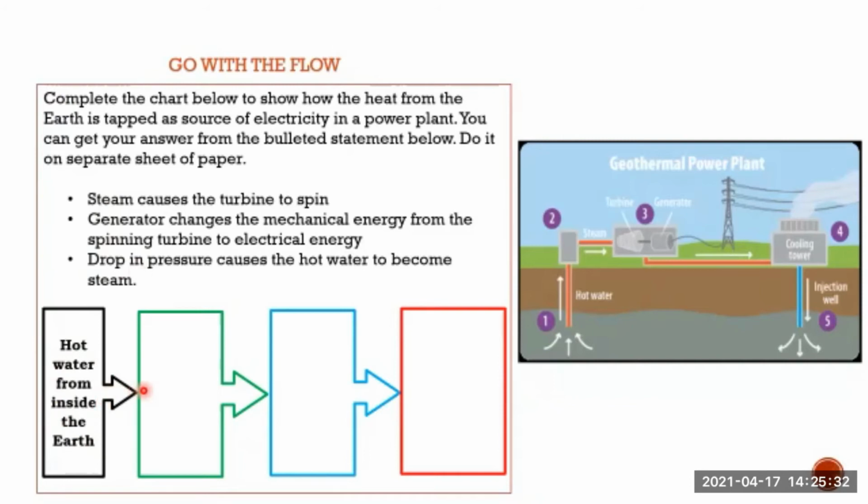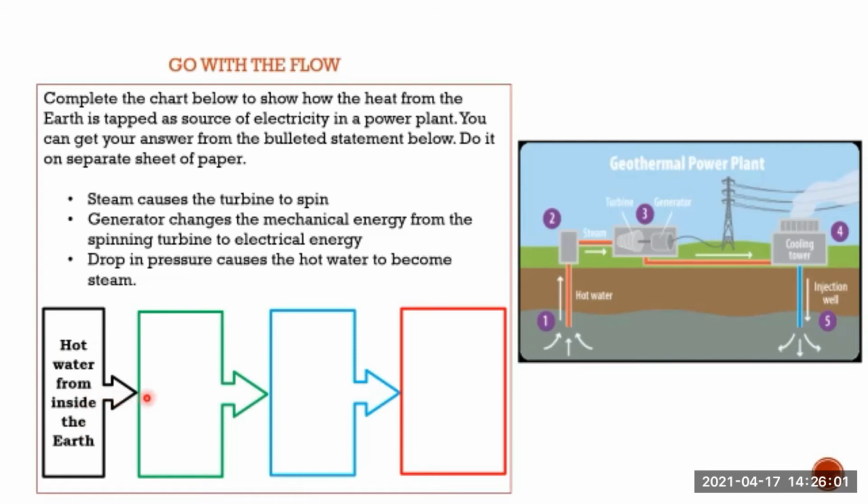What do you think is the second one? Is it steam causes the turbine to spin? Generator changes the mechanical energy from the spinning turbine to electrical energy? Or drop in pressure causes the hot water to become steam? What do you think is the second process or statement here? Again, our first statement is hot water from inside the earth.